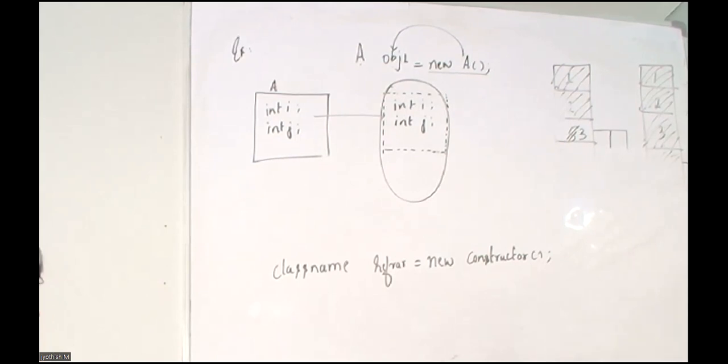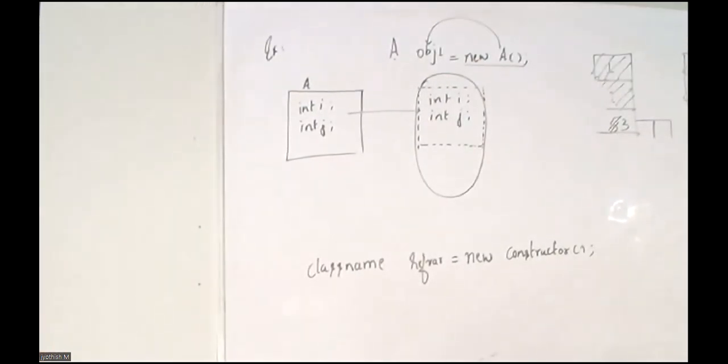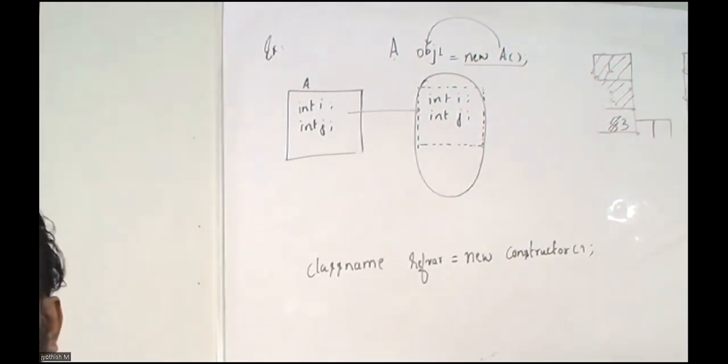Let me call this static variable. From now onwards I will create two classes. Class A: how many variables are there here? Two variables, one is I, one is J. Here I will create class run, public static void main. In a file you can create up to 255 classes.